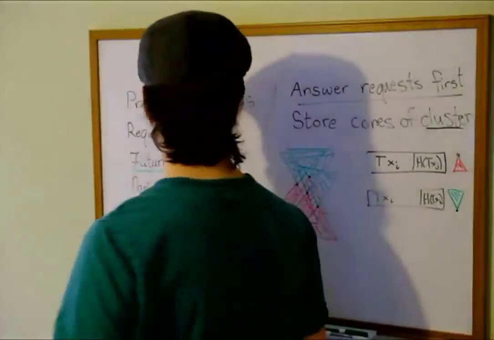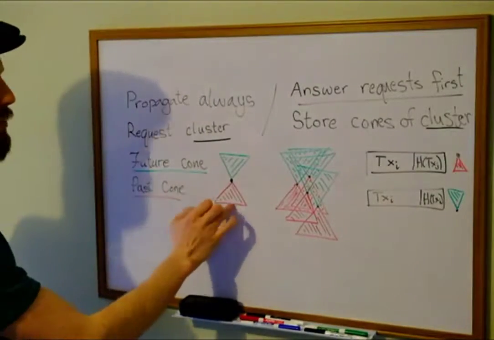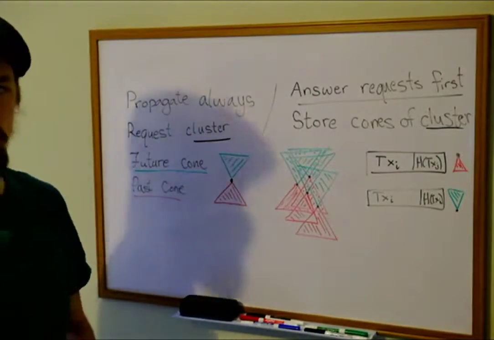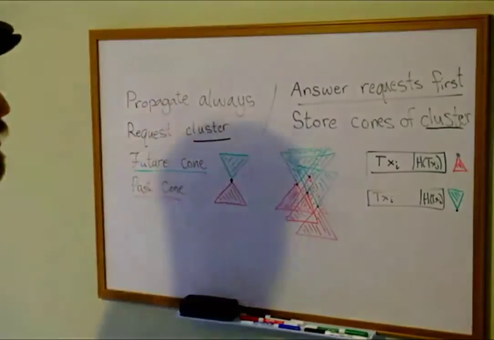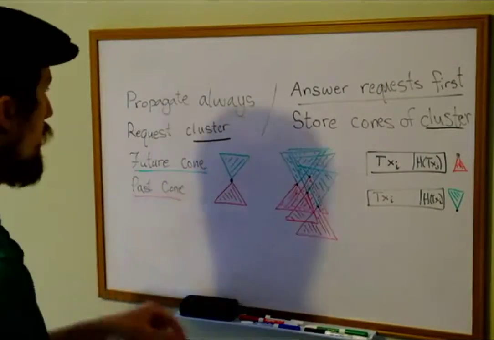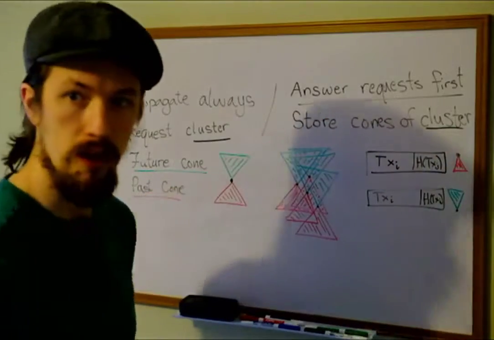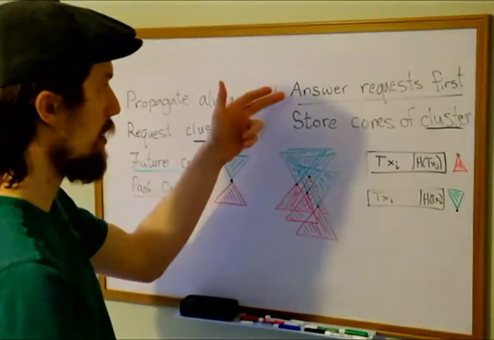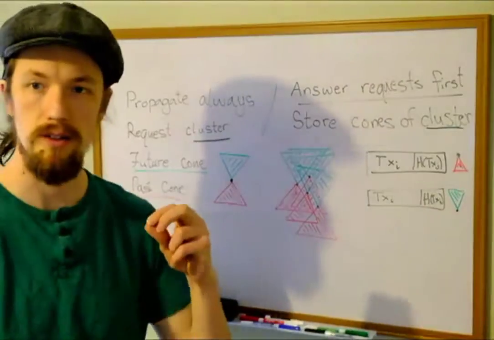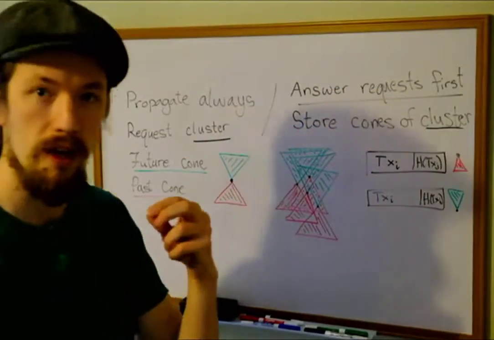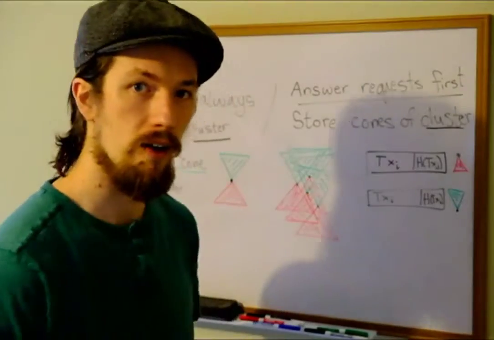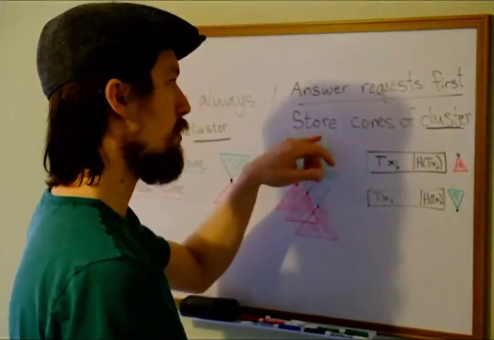So request from these red and green zones of interest to me as a person who runs that node. And when transactions come, my priority in my network is to answer their requests first. And when I answer a request, I also send a request with it.